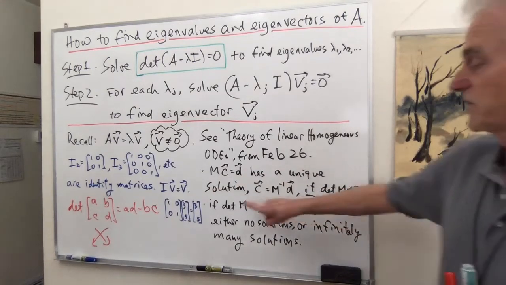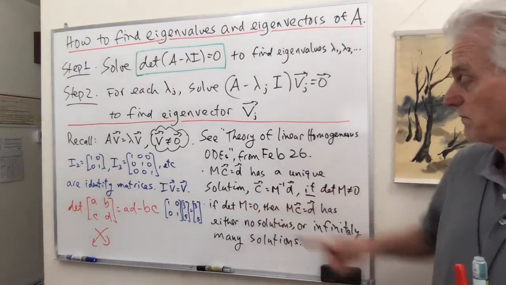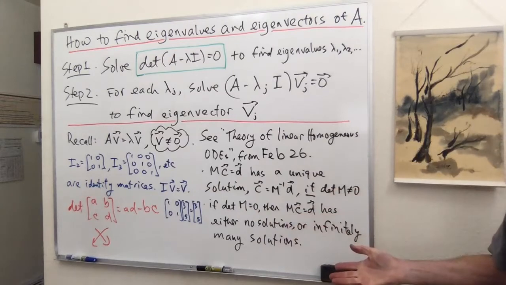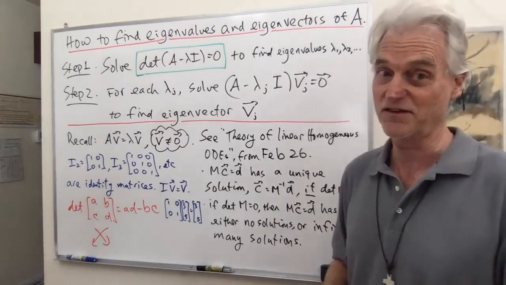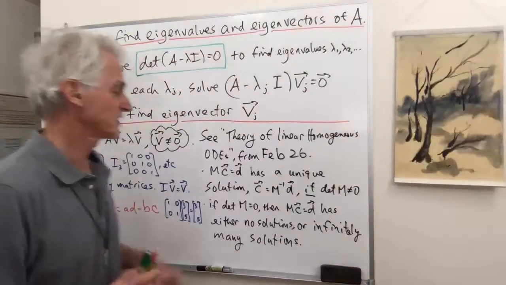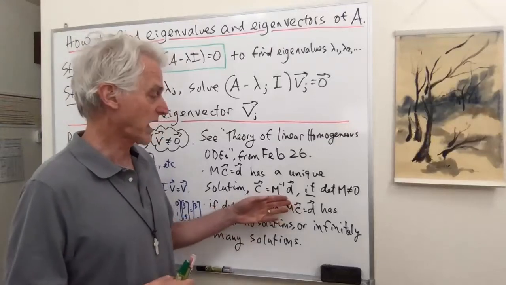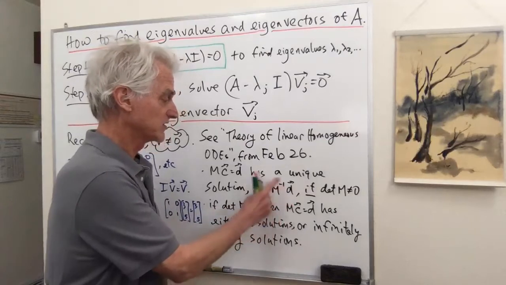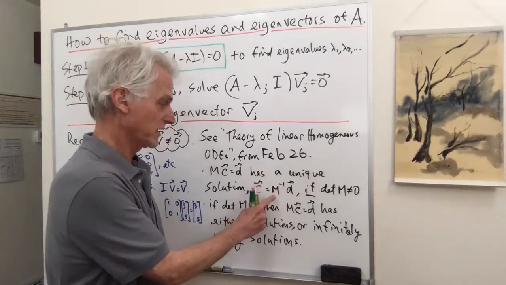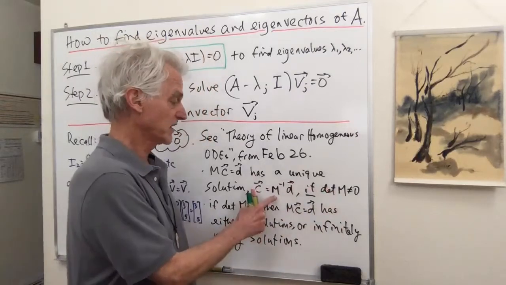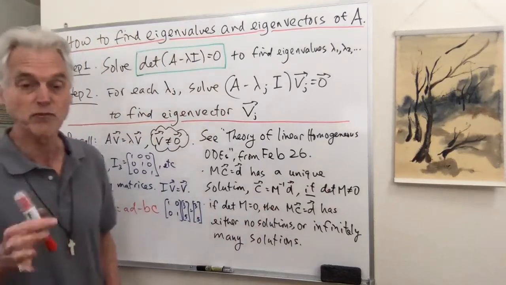On the other hand, if the determinant of M is 0, then MC equals D has either no solutions or infinitely many solutions. A little bit of theory there. Also, M inverse, the inverse matrix of M, exists exactly when the determinant of that matrix is non-zero. And we say that M is a non-singular matrix.